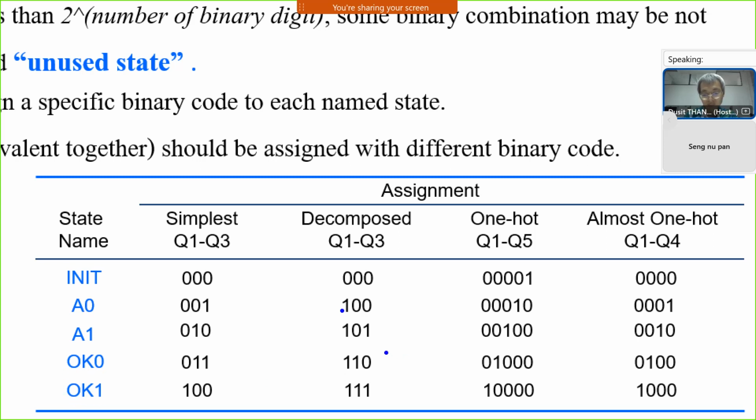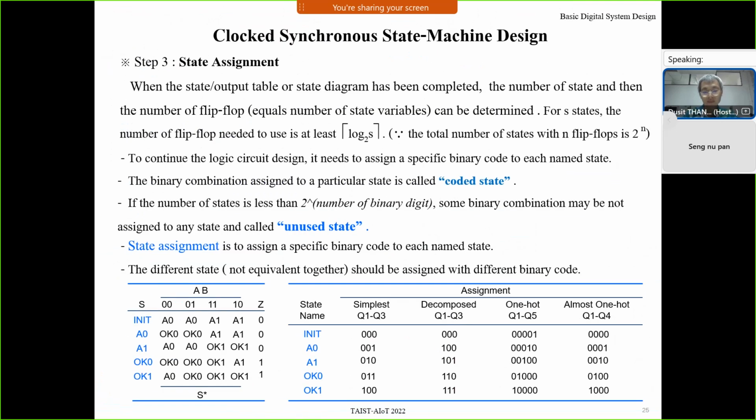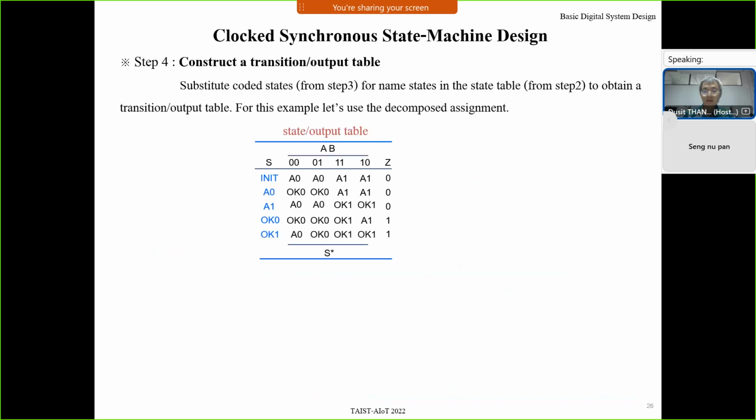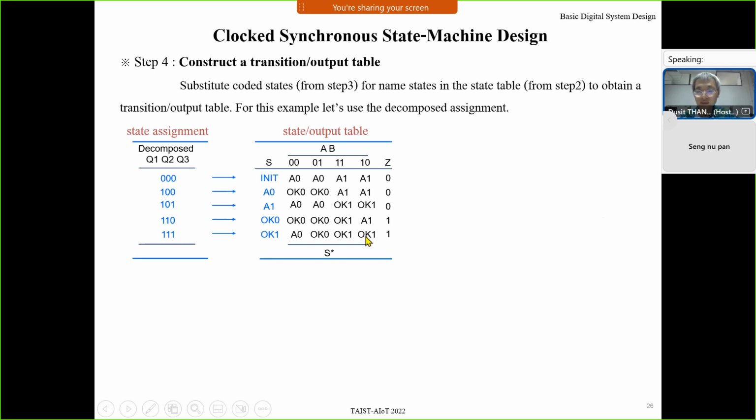Note I use this one because the value of Q3 corresponds to the value of input A at the last clock tick. Anyway, you can use anything. So after that, when I do this, sometimes it's called state assignment, to assign a value to each state name.